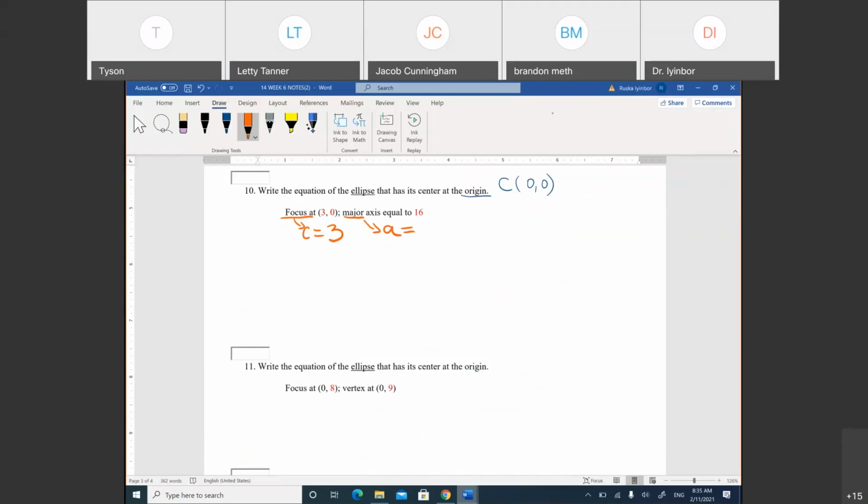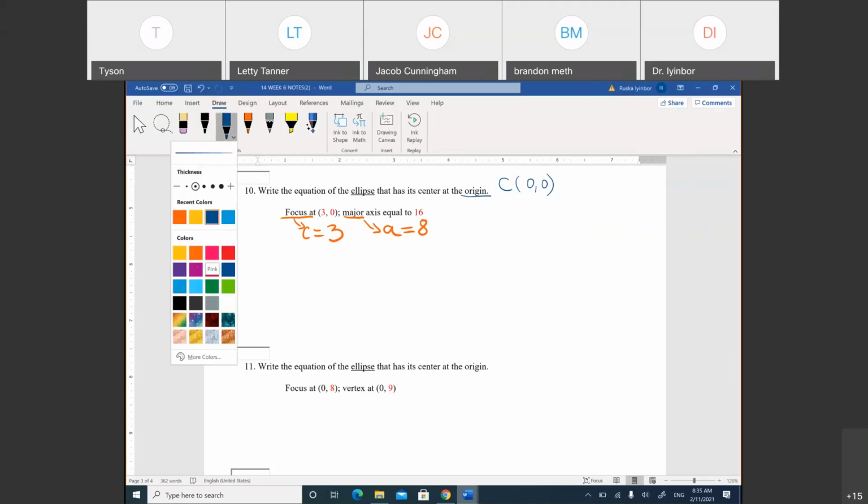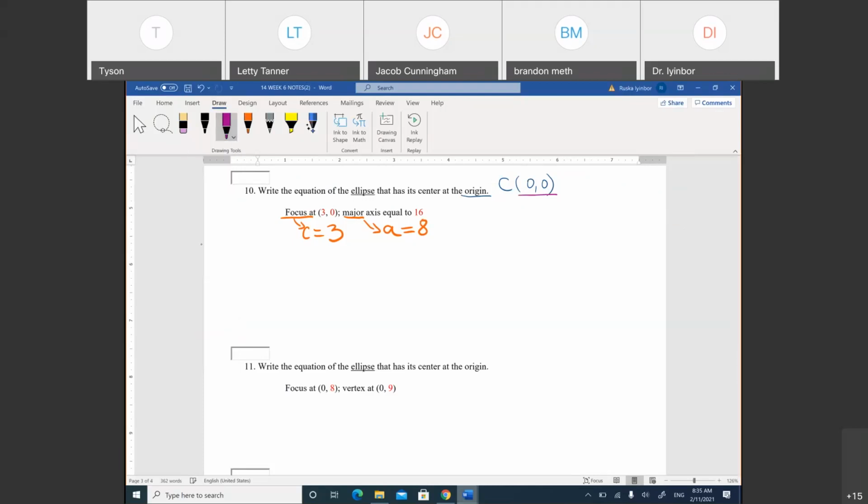Now the major axis is 16. Half of 16 is 8. So that's my A. We have A, we have C. Now, I need to figure it out. What is my major axis, X or Y? How you find that? Let's look at the given points. So the given points are what we have given. We have 0, 0 and 3, 0.